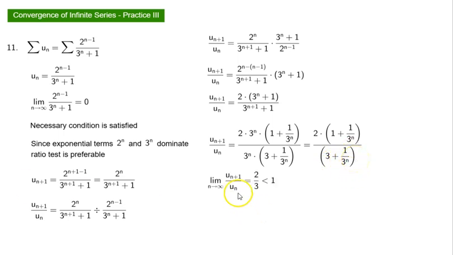And now we take the limit. So when we take the limit, what happens? 1/3^n goes to 0. So we have 2 times 1/3, and that is less than 1. Which means that the series is convergent.